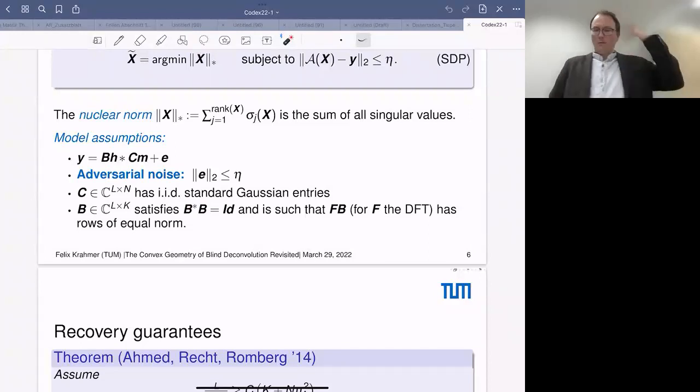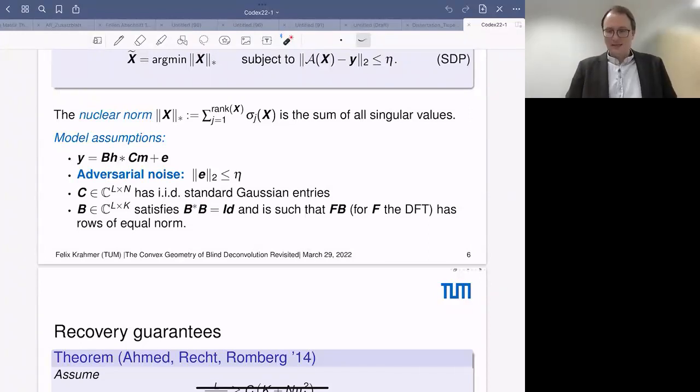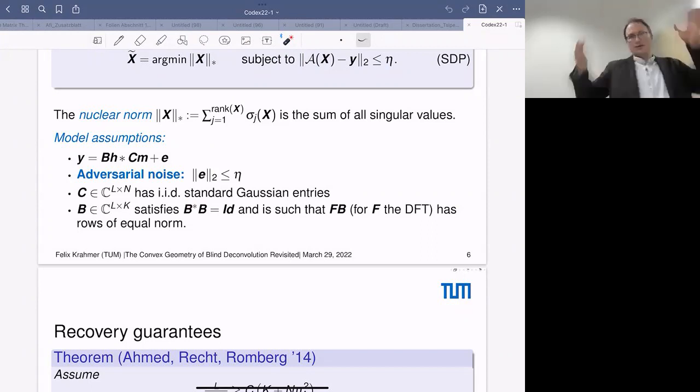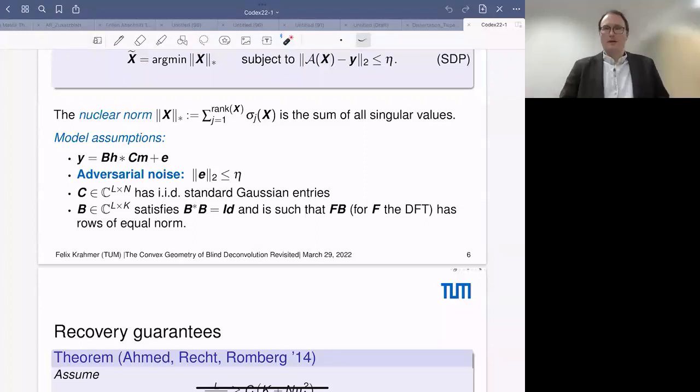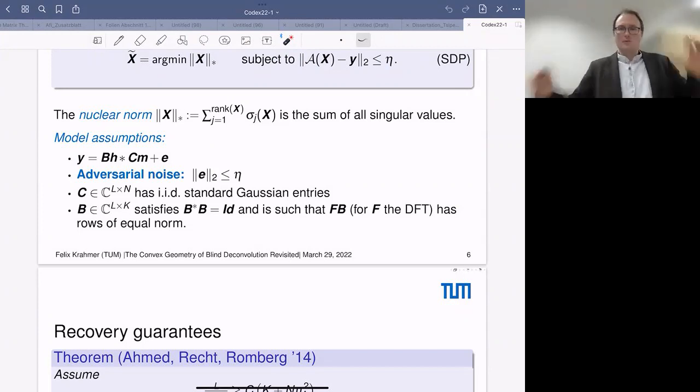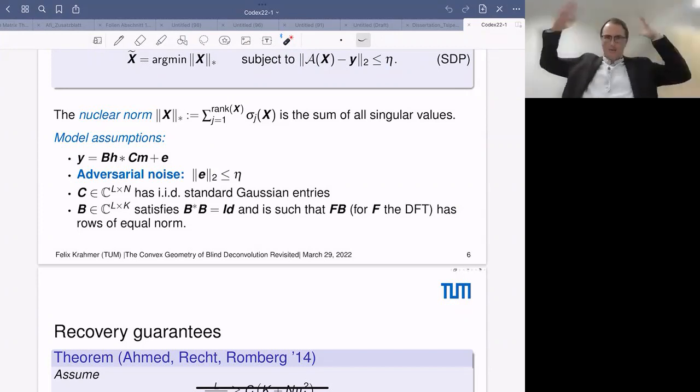And we're talking about the Fourier transform, that this has rows of equal norm, which is also the case, because if you're taking the Fourier transform of the first few columns of the identity, you're getting the first few columns of the DFT matrix, and that, of course, obviously has rows of equal norm.